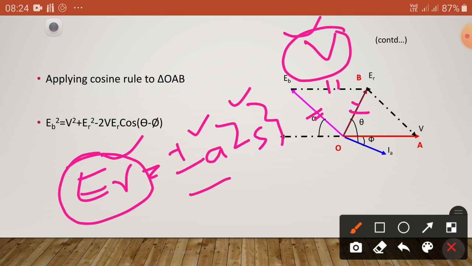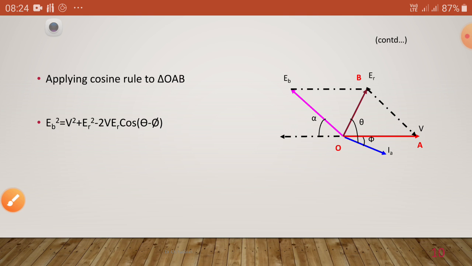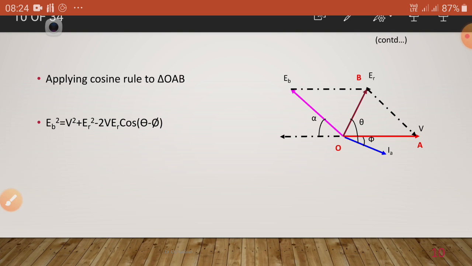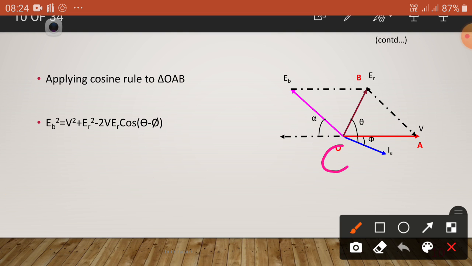Okay, so let us see. In triangle OAB, this is equal to EB. I want to know that EB.